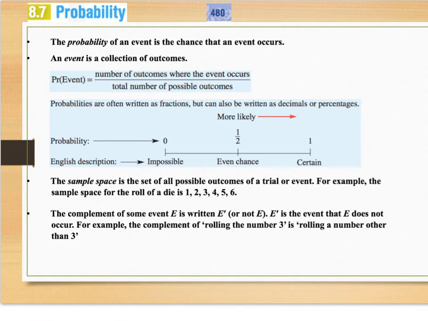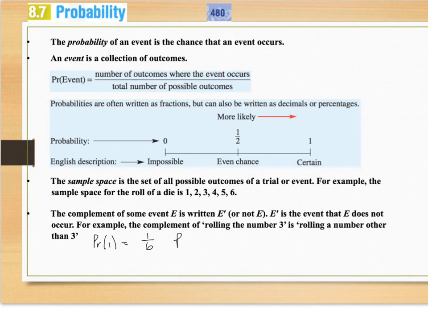The last thing that we need to understand is what the complement of an event is. And we'd write that complement as E dash. So if we look at this E dash, it means not E. Together, the probabilities must equal 1. So for example, the probability of getting a 1 when I throw a six-sided dice will be 1 in 6.